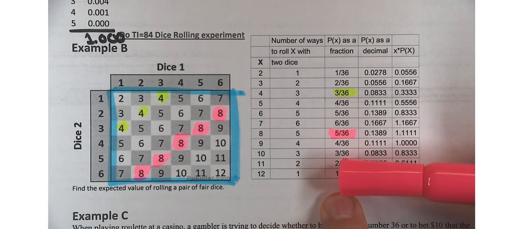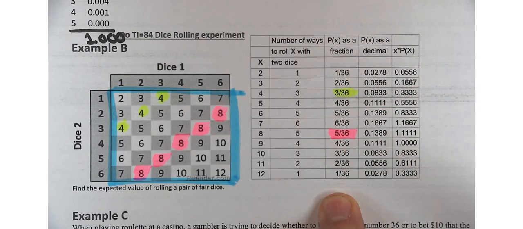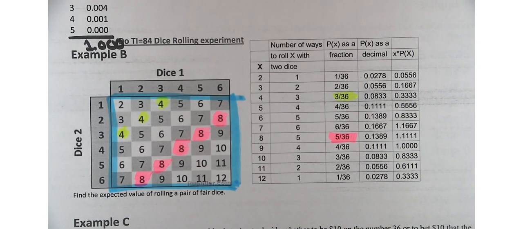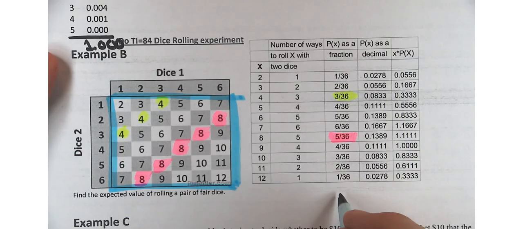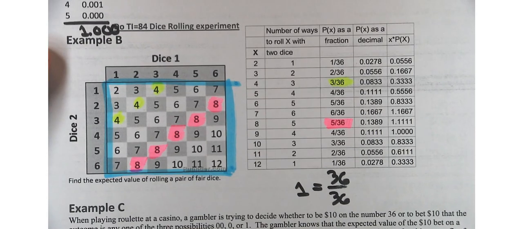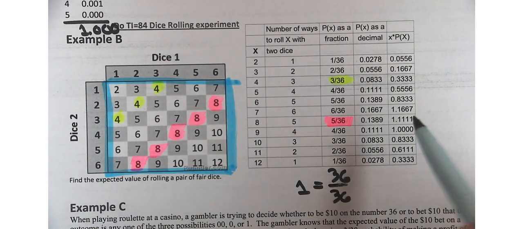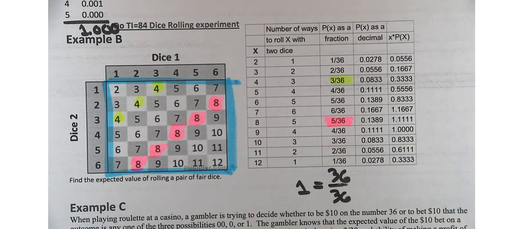What do you think would happen if I added up this column here? What do you think I'll get? Well, yeah, 36 out of 36, which is 1. Now these are just the decimal values of those things. I put those in so that Excel could work with this.